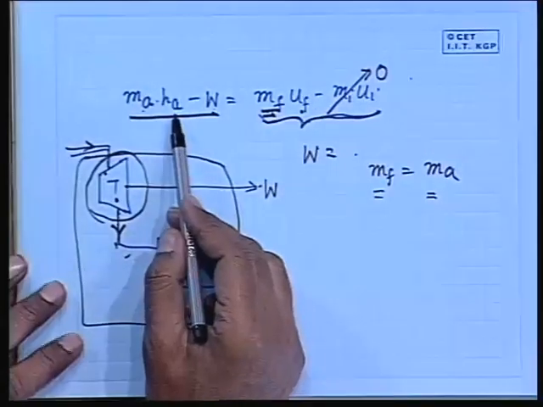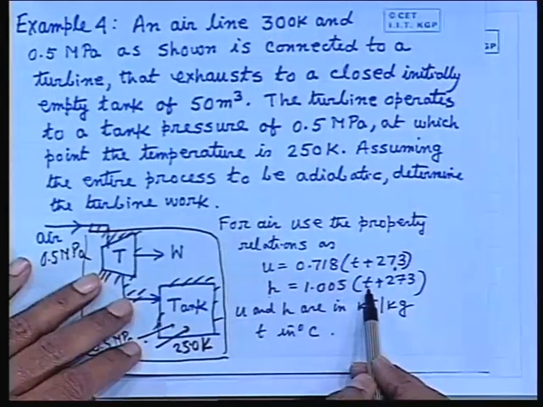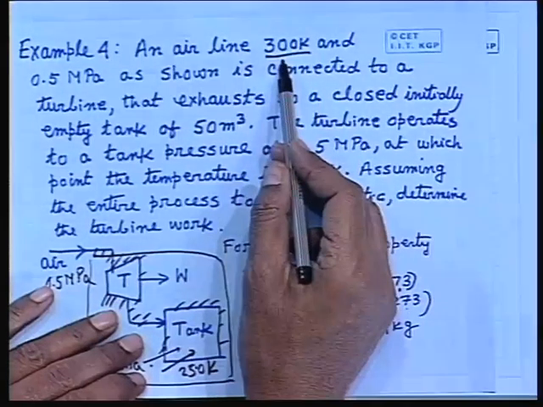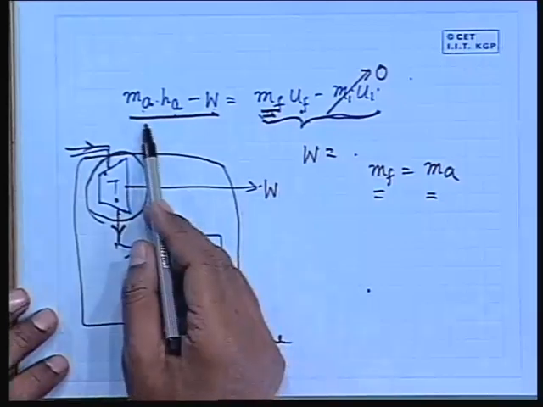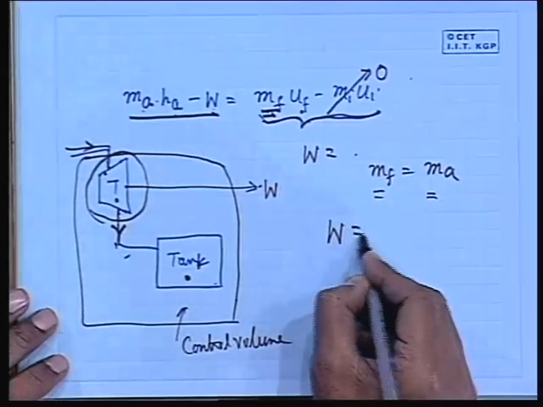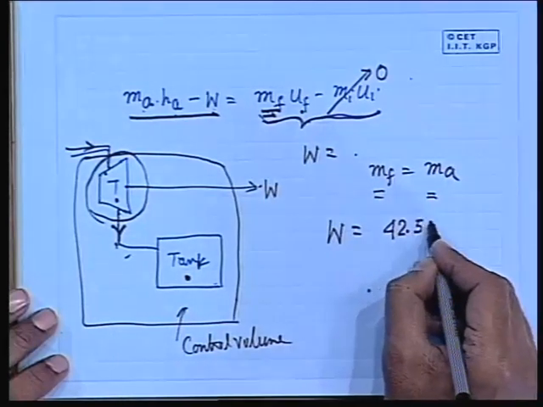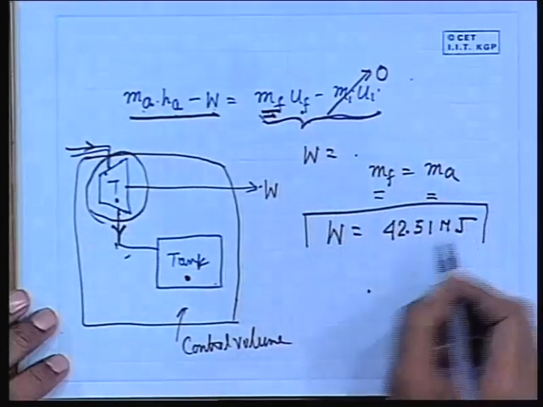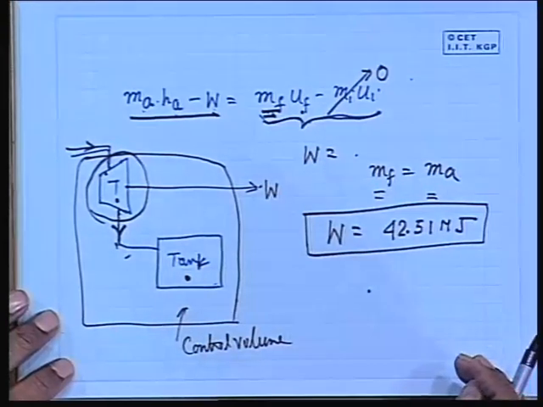And HA we can find out by using this equation where T plus 273, this is given as 300 K. That means T plus 273 is already given in that form, 300 K, and we can find out the value of this. So finally work comes out to be 42.51 megajoule. You do it and you will see this is the work. Final work done by the turbine is 42.51 megajoule.